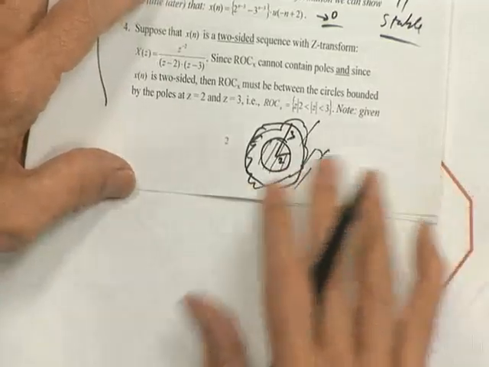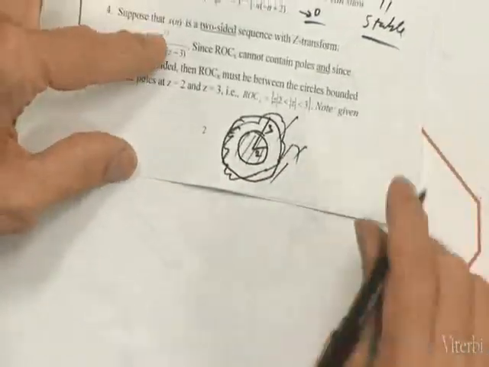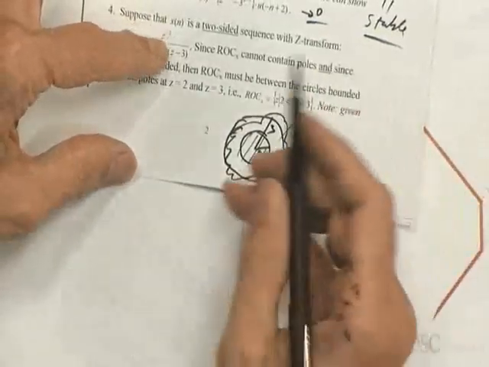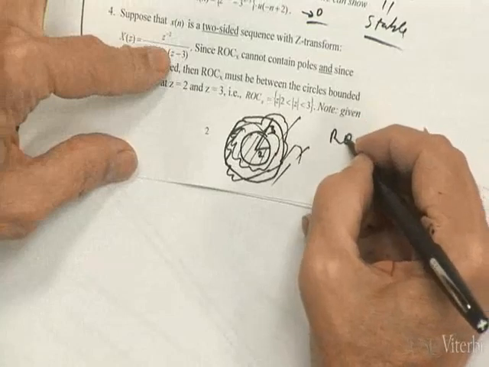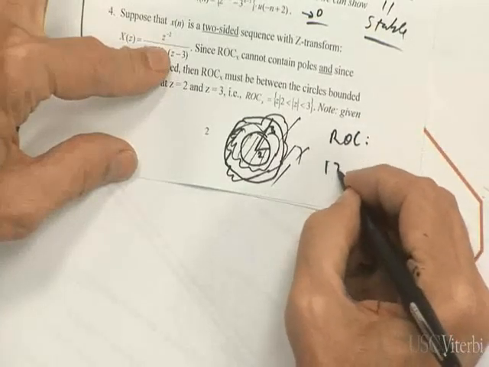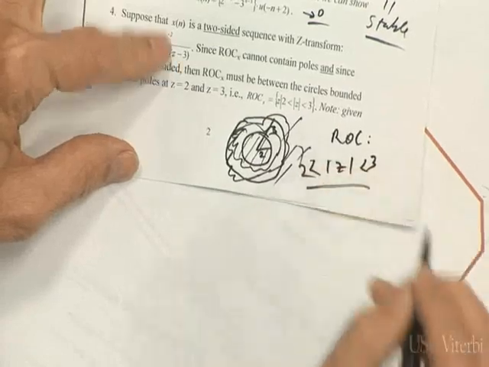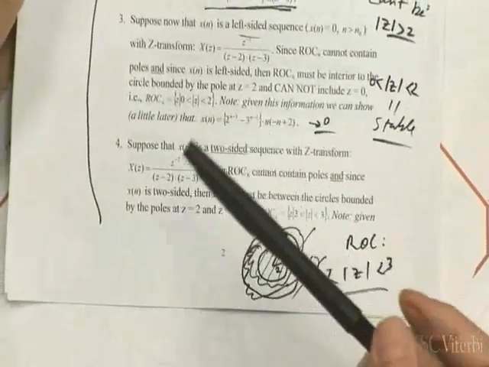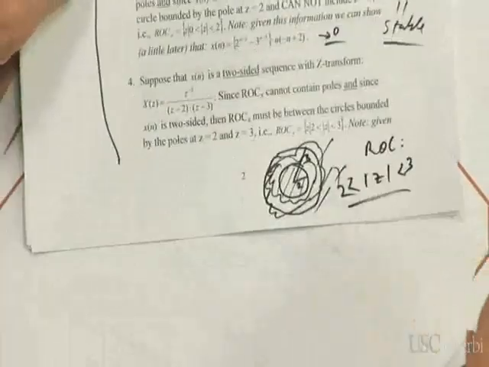Now, I'll give you an example later on where there could be multiple two-sided sequences, and so you need even more side information. But the ROC for this case is the set of all Z less than 3 and greater than 2, okay? And again, that's from the side information that x of n is a two-sided sequence.